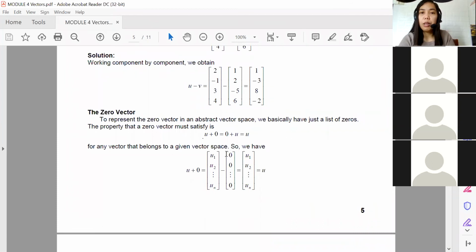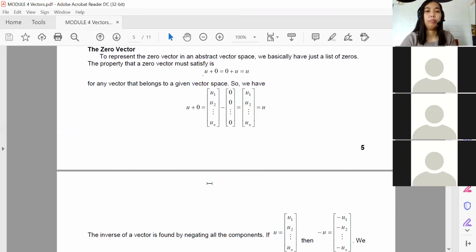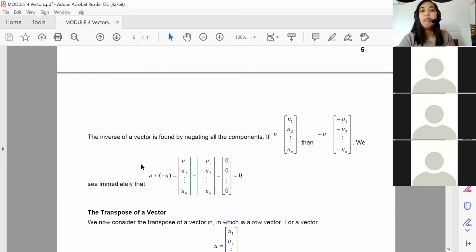So u sub 1 plus 0 is u sub 1, u sub 2 plus 0 is u sub 2, up to u sub n plus 0 is u sub n, which is the given vector. The inverse of a vector is found by negating all the components.